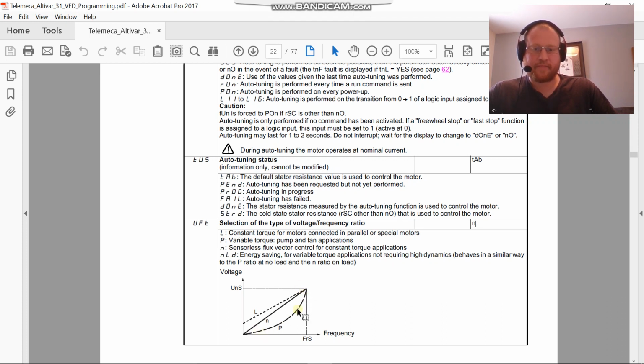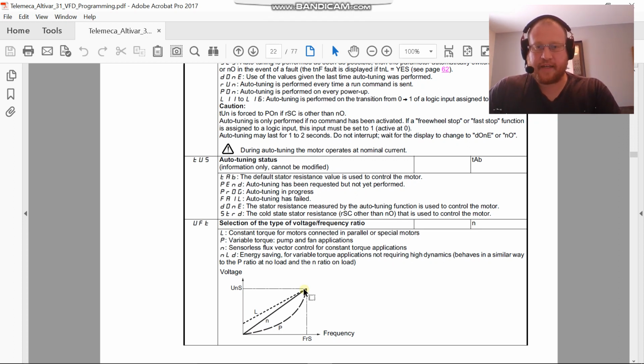P stands for pumps and fans. This is also called a variable torque or a quadratic torque. If you look here, we have voltage and we have frequency. Voltage and frequency are not increasing at the same rate. It's variable, and we start off with a lower torque. Then as we increase speed, we start increasing how that torque is increasing.